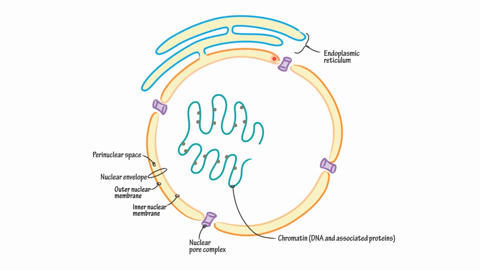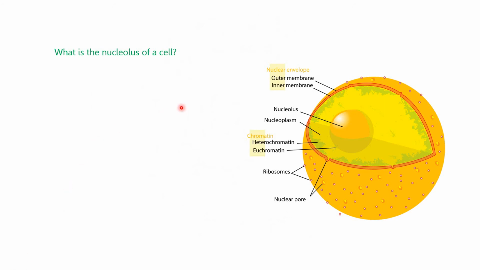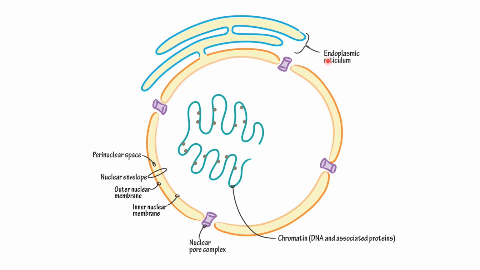Notice that it has an opening, and this opening is connected to the endoplasmic reticulum. So the nucleus is, again, connected to the endoplasmic reticulum. Take note of that. You will be needing that for the next part of this discussion.